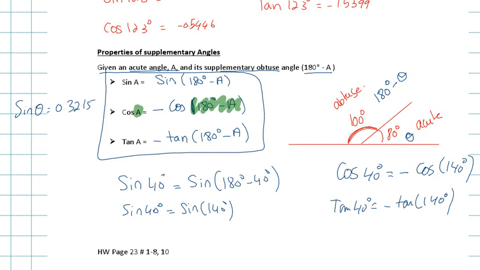It could be both. Why? Because sine is positive, and sine is positive for both acute and obtuse. So theta could be either acute or obtuse. Now what if I tell you that cos theta equals negative 0.721?